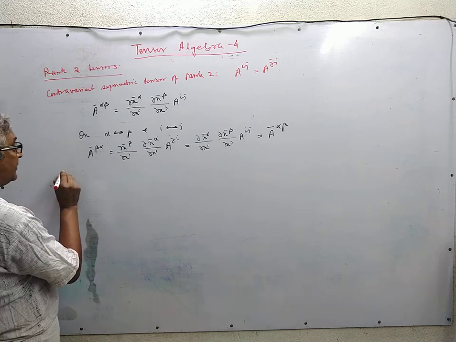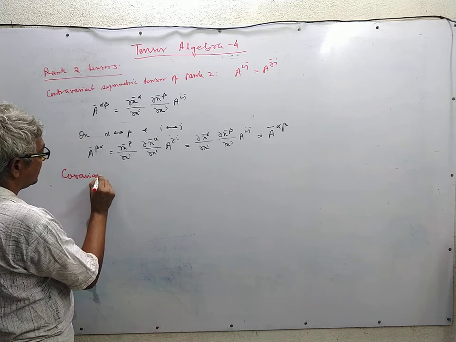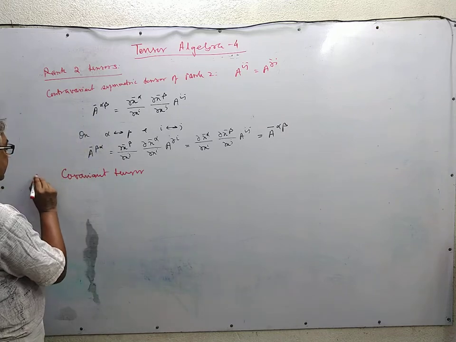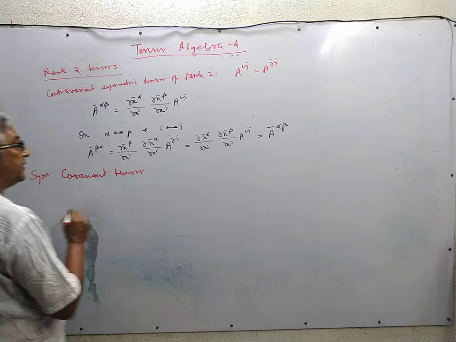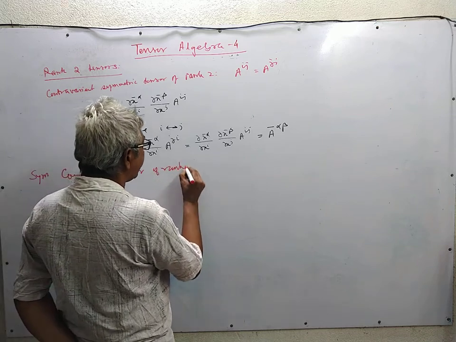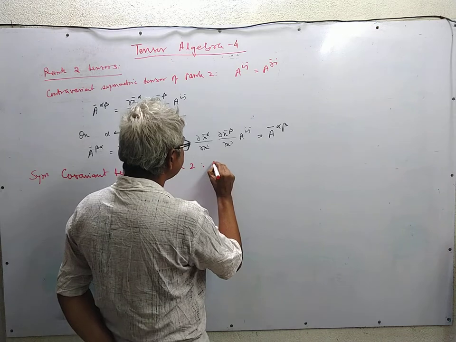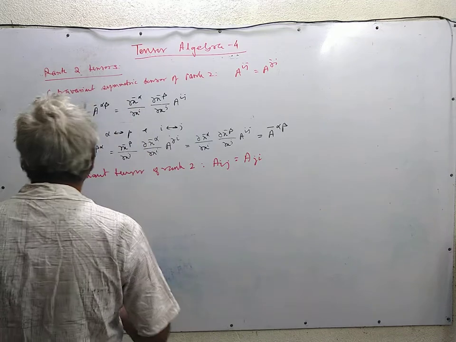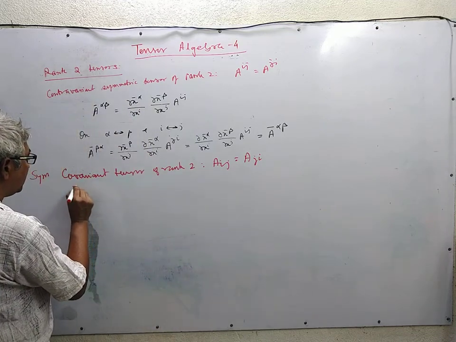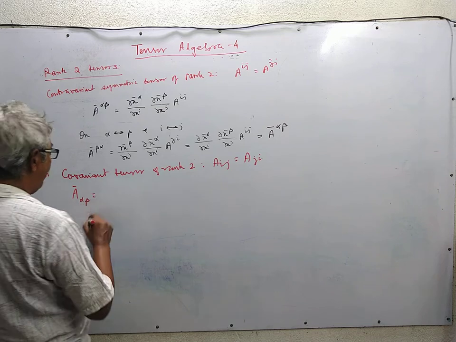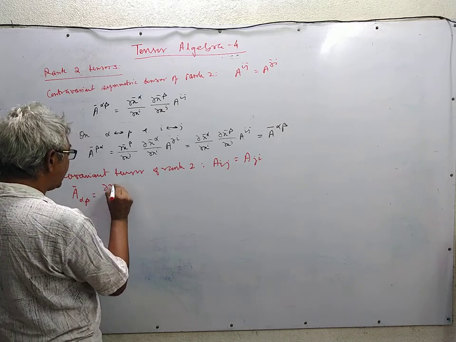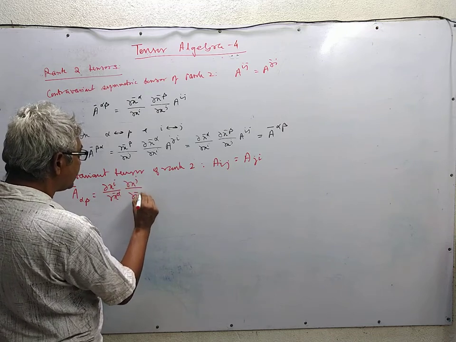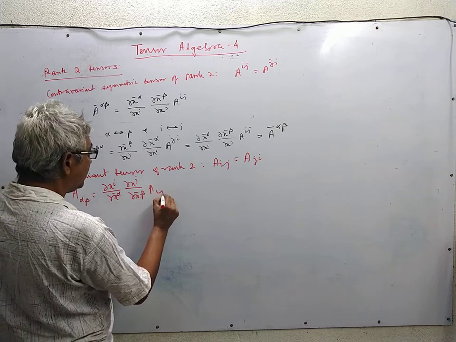For a covariant tensor, a symmetric covariant tensor of rank 2, Aij is equal to Aji. Let me first write the transformation relation: A bar alpha beta is equal to del xi by del x bar alpha, del xj by del x bar beta, A of ij.